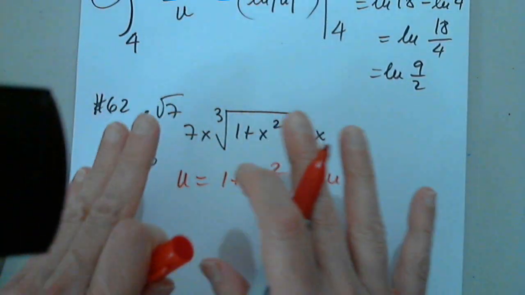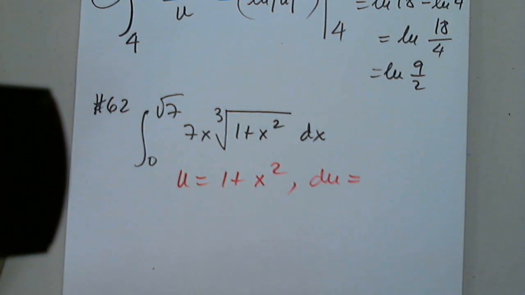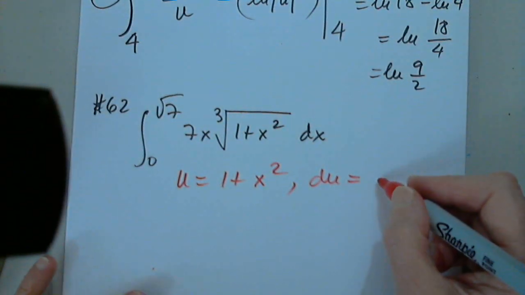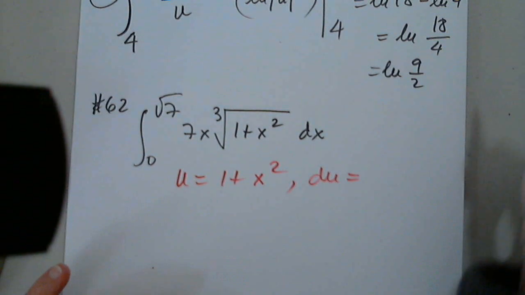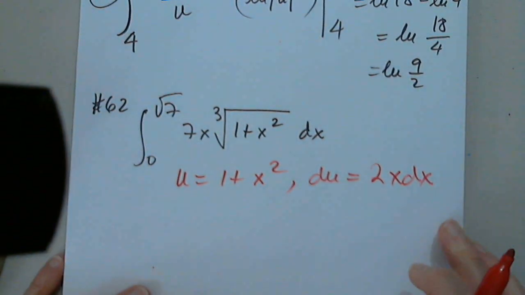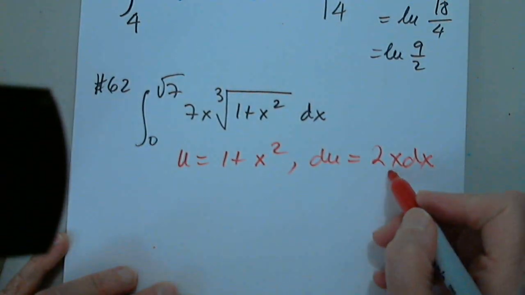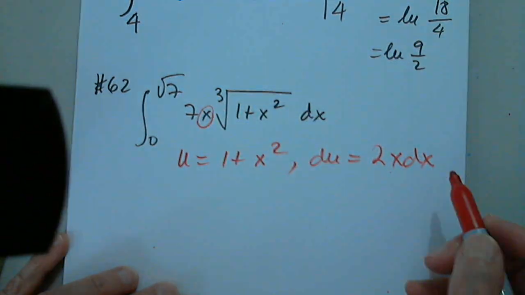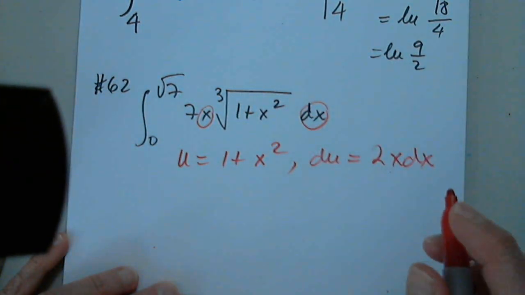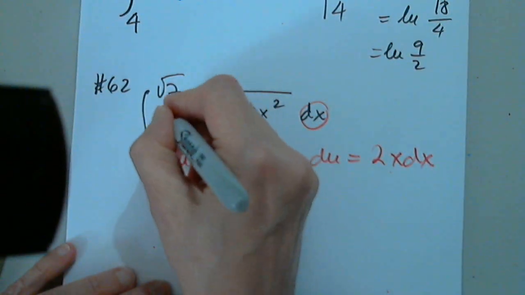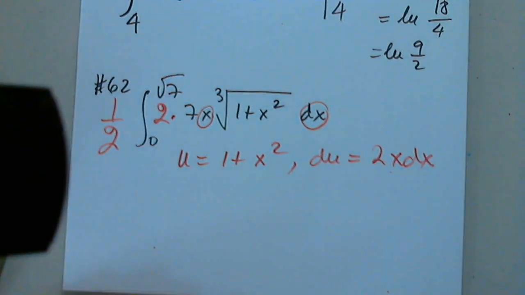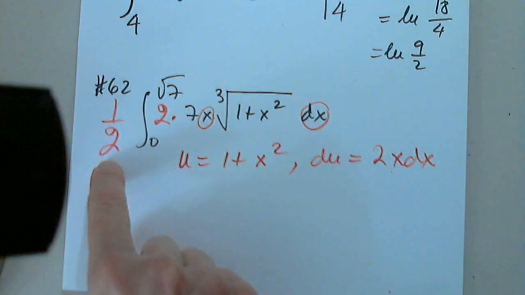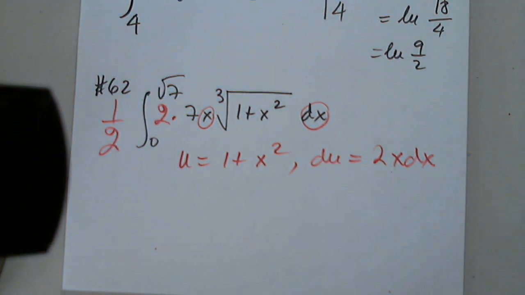We're just preparing the whole thing. 2x dx. Awesome. Do I have the x? Yes, I do. I don't have the 2. Who cares? It is so easy to make up a 2. 2 times 1 divided by 2 is 1. I did not change the problem.